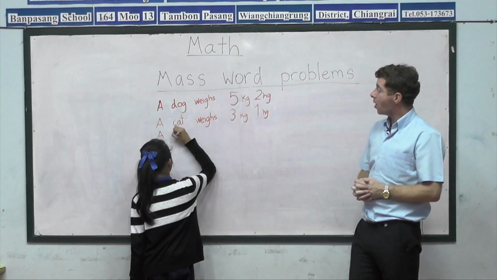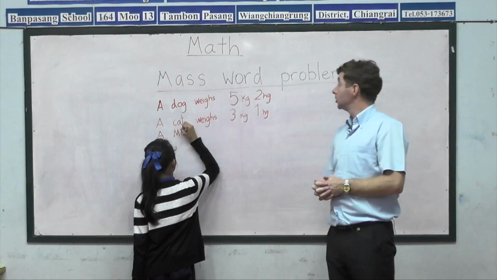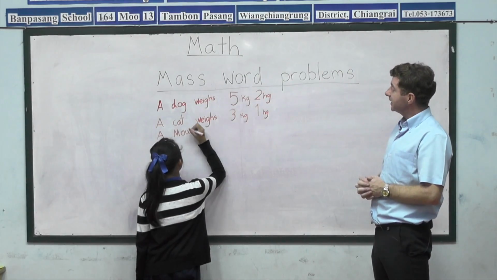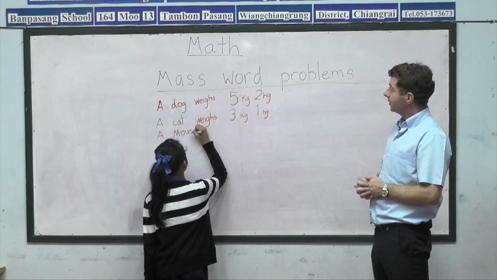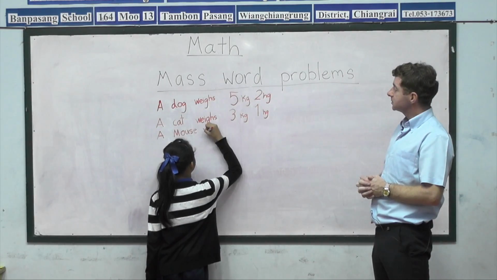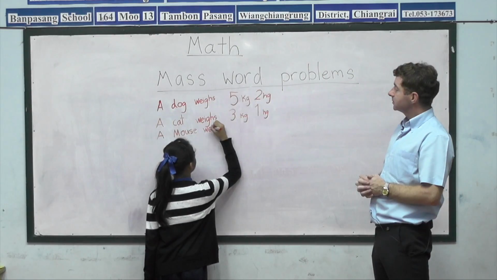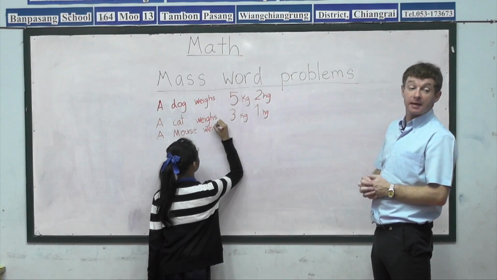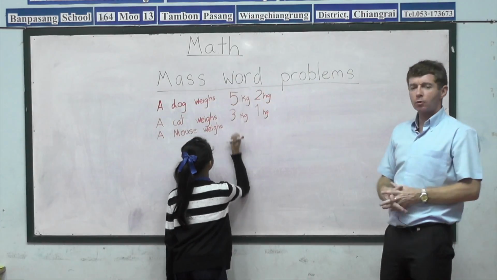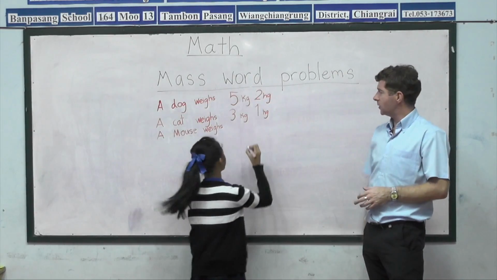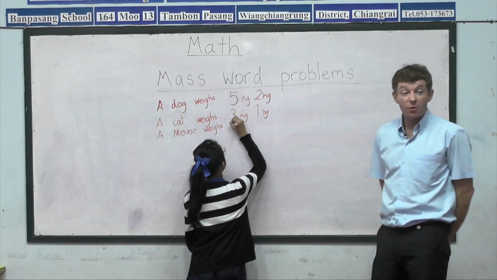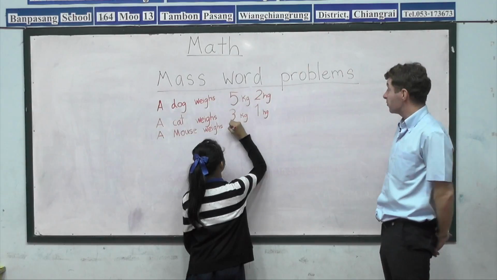M-O-U-S-E. Weighs, G-H-S. Now don't forget, a mouse is very little, so I think 1 kilogram and maybe 0 hectograms. Yeah, 0 hectograms.